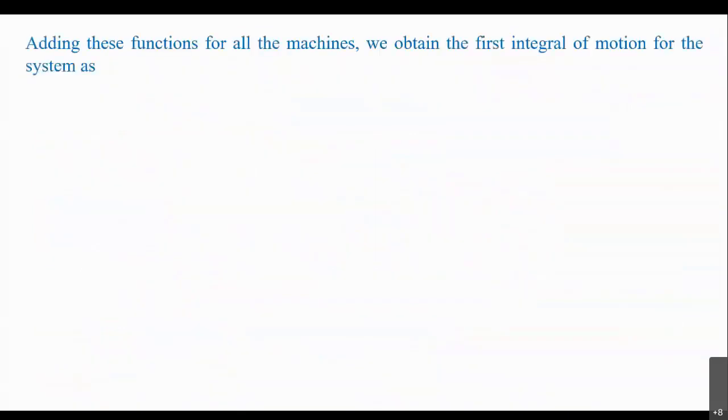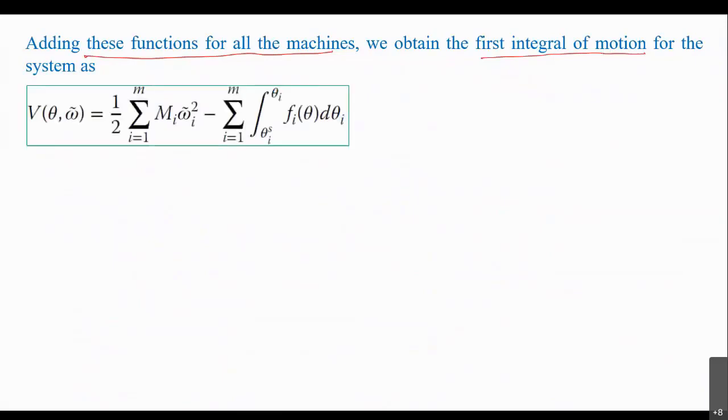Now adding these functions for all the machines, we obtain the first integral of motion for the system. So the final energy function for the whole system will be the summation of the energy functions for all the machines, from i equal to 1 to m.